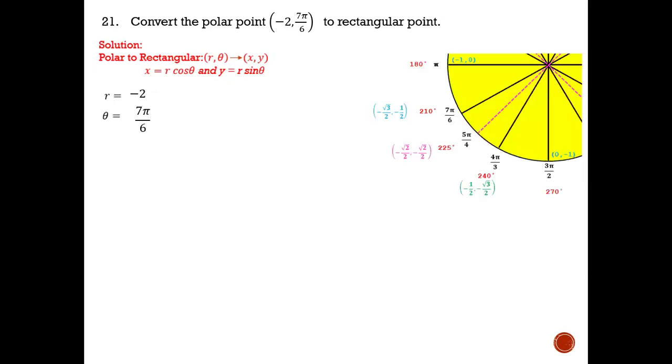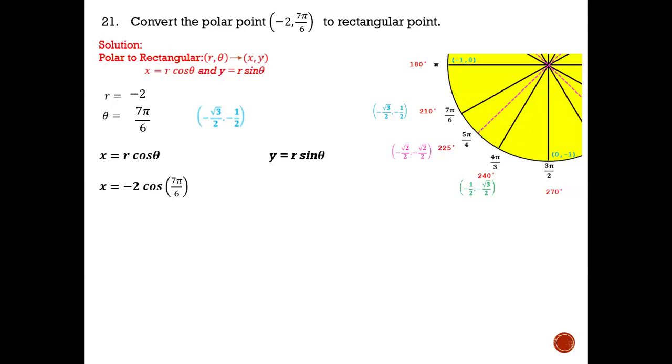If I want to convert this to rectangular points, I go to my unit circle and find the x and y values for 7 pi over 6. 7 pi over 6 is in radian form; in degrees it is 210, which refers to the x value of negative square root of 3 over 2 and the y value of negative 1 half. To find our rectangular point, I needed these two values. Let me get my x and let me get my y.